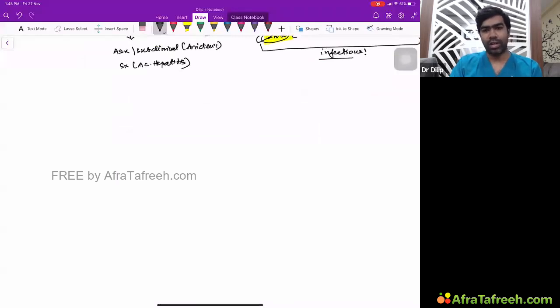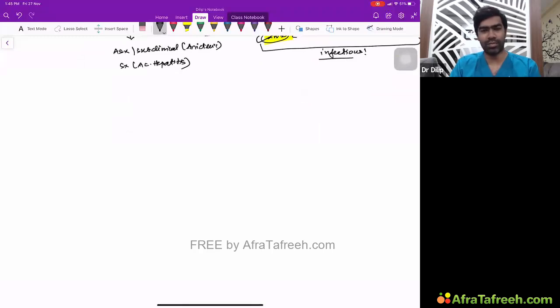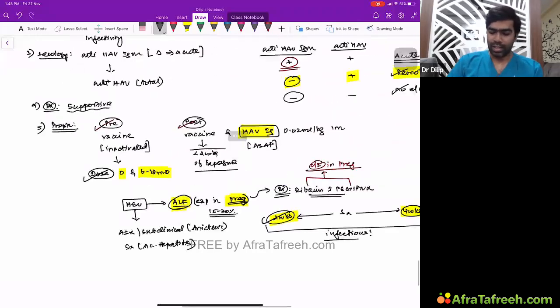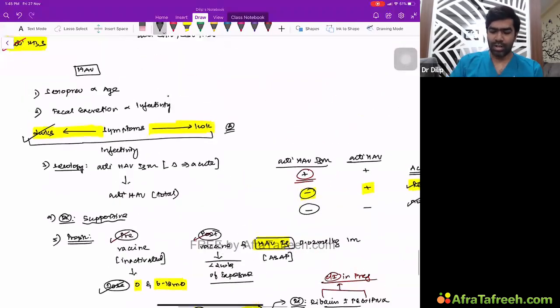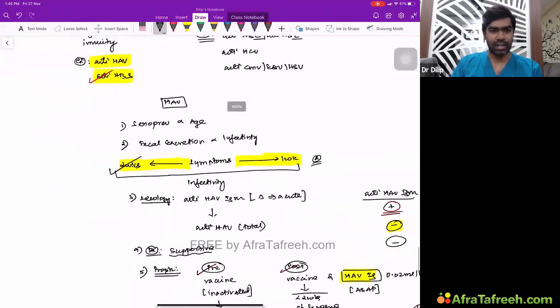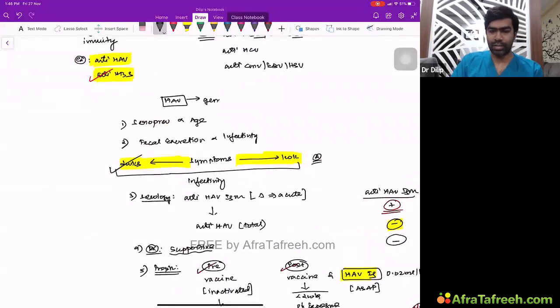Chronic infection is quite rare with hepatitis E virus. There are some studies which show chronic infection, but as far as exams are concerned, whenever you think about hepatitis E virus, you just say there's no chronicity, that's all. And once again, the genotype is not important, but as a one-liner previously in NEET exams, they used to ask. The most common genotype in hepatitis A virus is genotype 1.